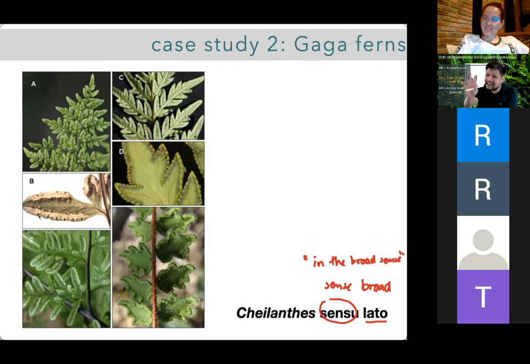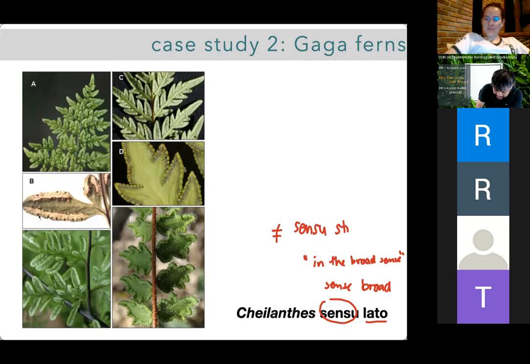So everything that kind of looks like Cheilanthes, just call it Cheilanthes. Like cat sensu lato. Tiger is cat sensu lato, cat in the broad sense. All the bears are dog sensu lato. You can say that. From now on, you can just go around saying sensu lato, which is the opposite of sensu stricto.